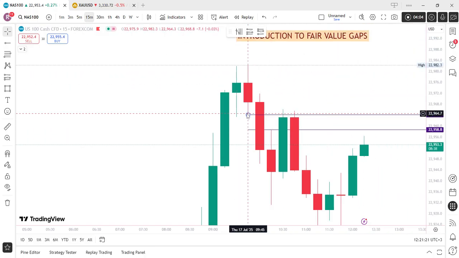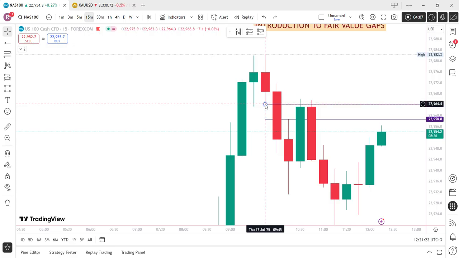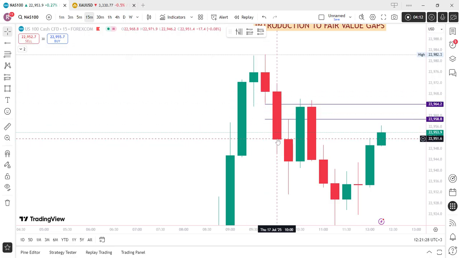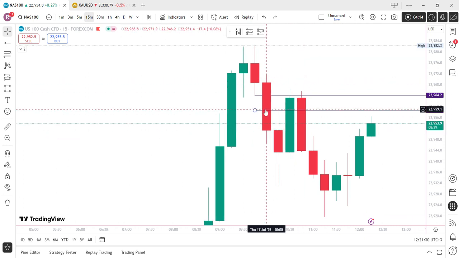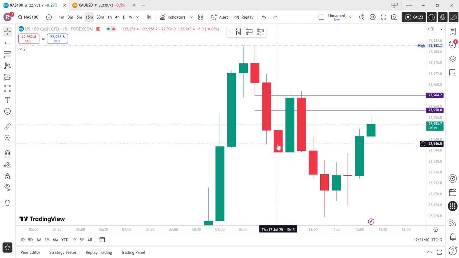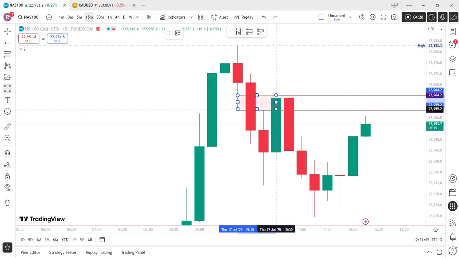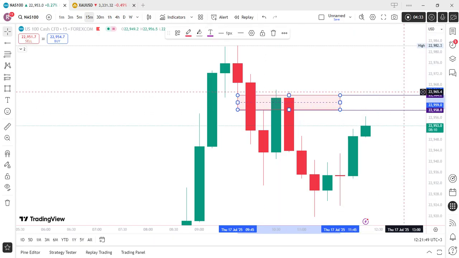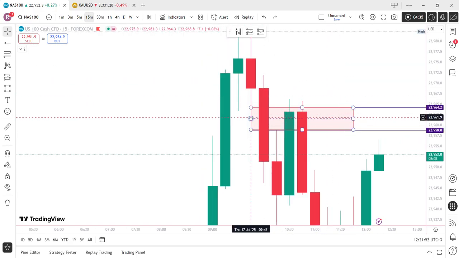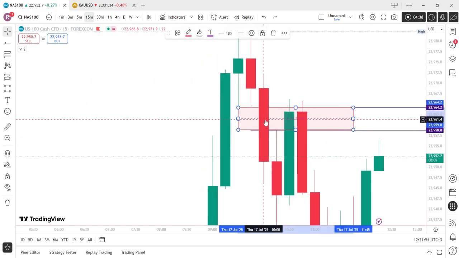So if we mark the low of the first candle, remember this is a bearish market and this is a bearish fair value gap. This is the second candle, which displaced to give us that gap, and this is now the third one which confirmed. So let me use this tool. What we have in here is what we call a fair value gap, this one here.